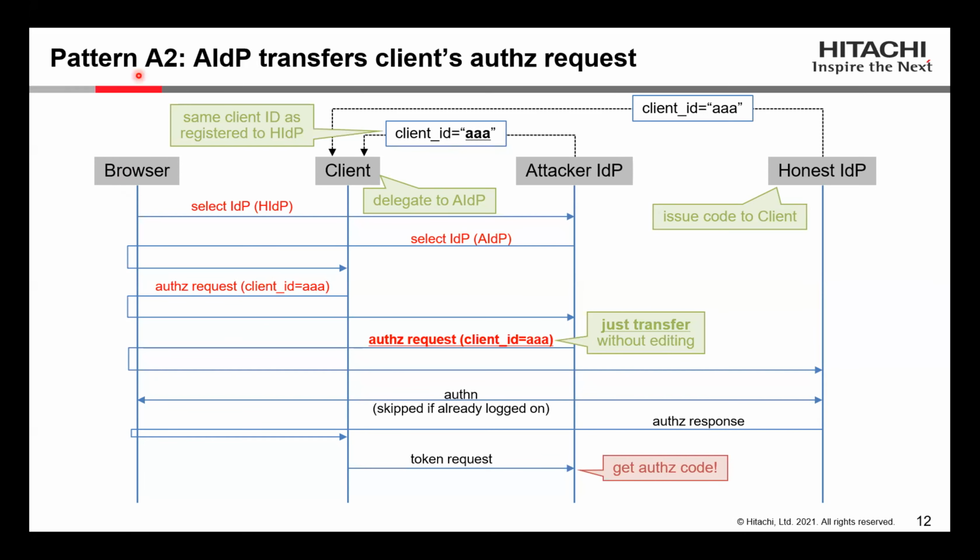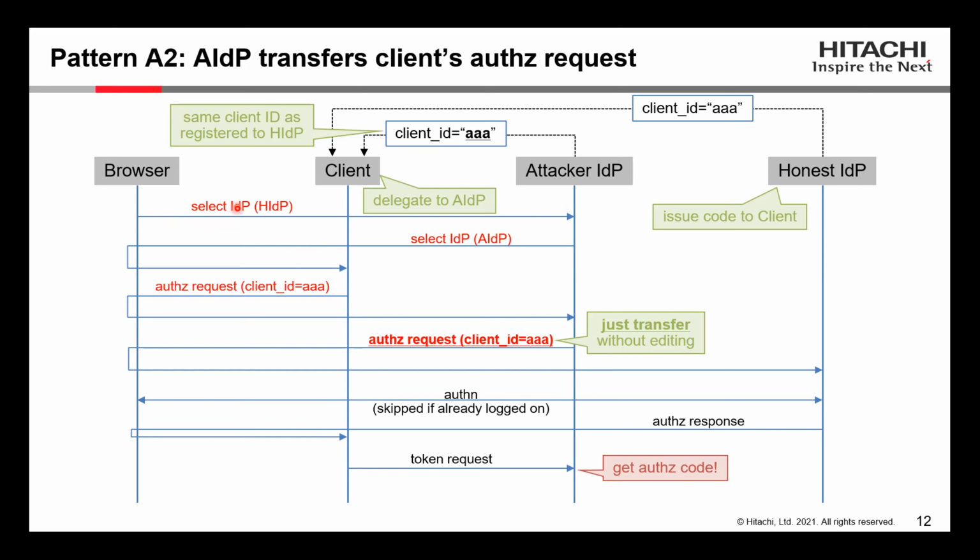In this pattern A2, AIDP doesn't create a new authorization request, but transfers the client's authorization request as it is. This pattern can be done if the client ID is the same between HITP and AIDP. In this example, the client ID is AAA in both HITP and AIDP.